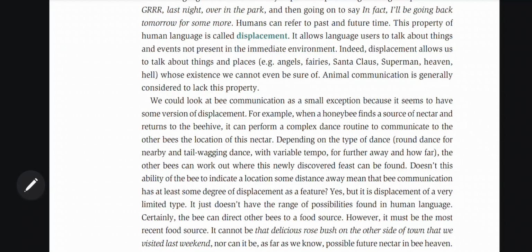Also, this is a limited displacement for the bees because they can only talk about the last food source. They cannot talk about the food source of last weekend or something like that.